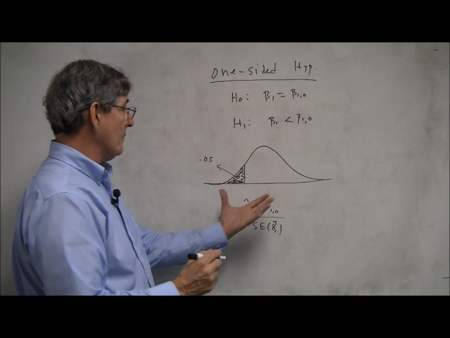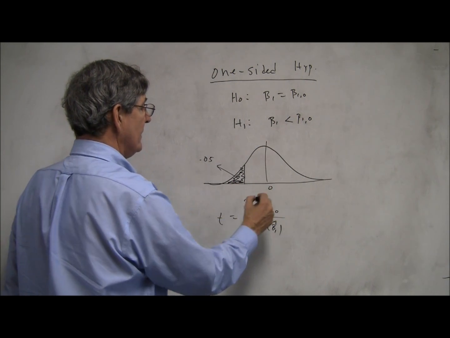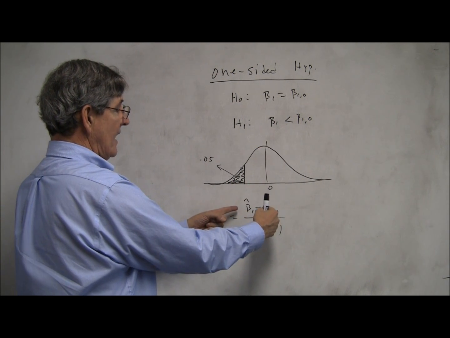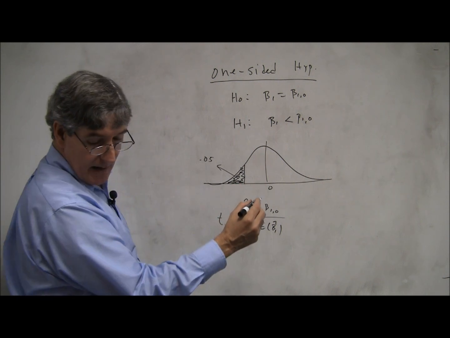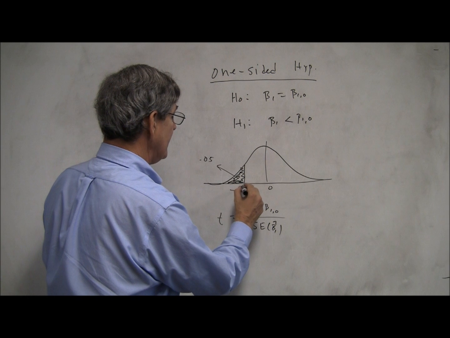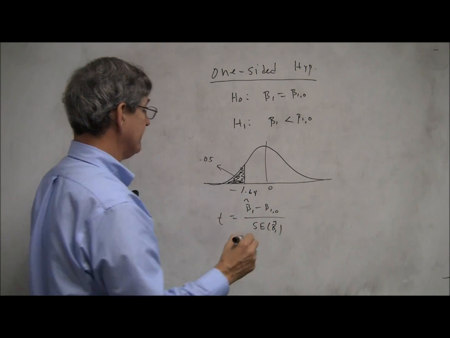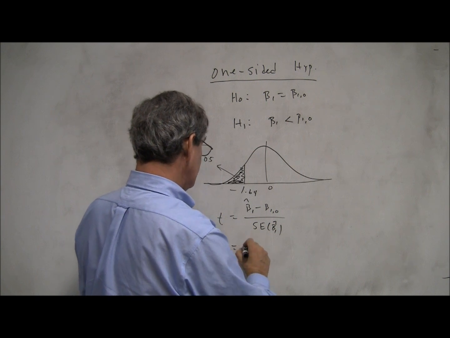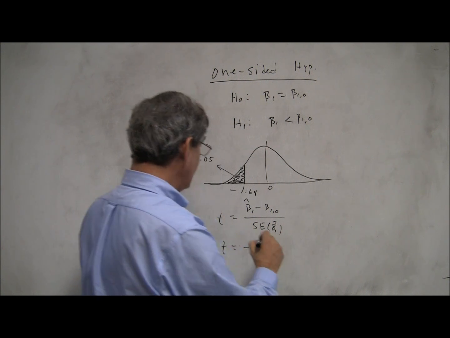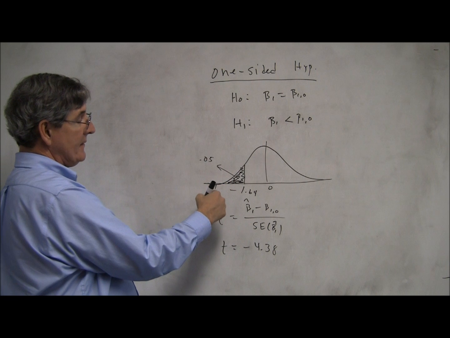that has a normal 0, 1, so this is 0. And if this is a big negative number, we're going to want to reject. In this case, instead of 1.96, the value that you get is minus 1.64. And so when we did this, our t was equal to minus 4.38. That's still way outside the rejection region.